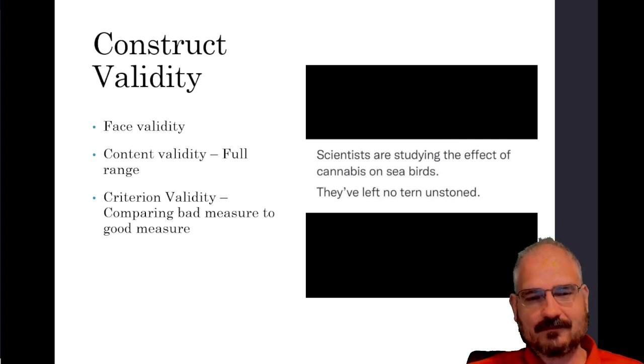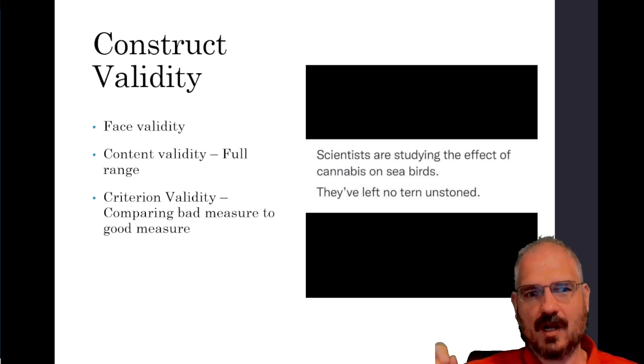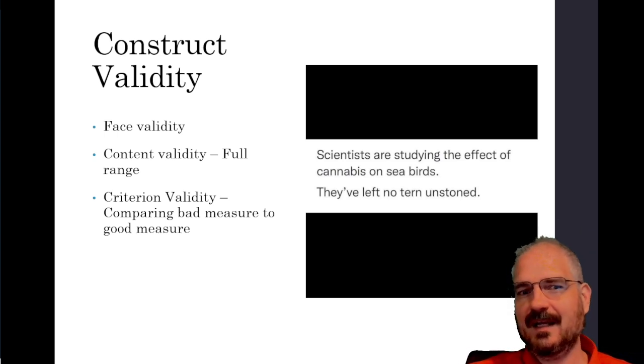Content validity means, do our measures explore the full range of our concept, right? So, for instance, if we want to know how much violent crime somebody is committing, but our measure is only whether they've committed a murder or not, that is measuring a part of how much violent crime they're committing, but it's not measuring the full range, right?